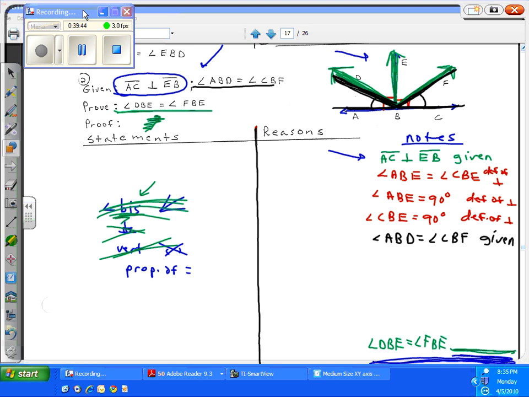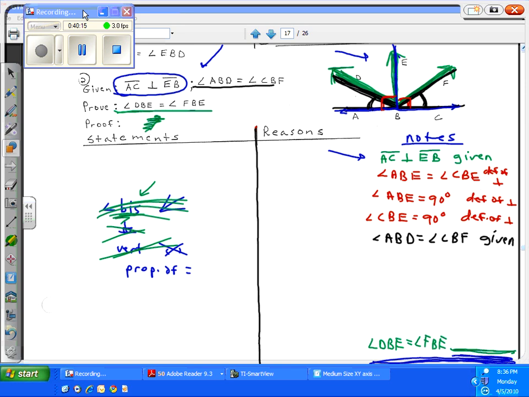Looking at the picture, we know again that this angle is equal to this one. This angle right here is equal to this angle right here. And we know that those green angles were equal. And we can see that this green and black on the left add up to 90, and the green and black on the right add up to 90.